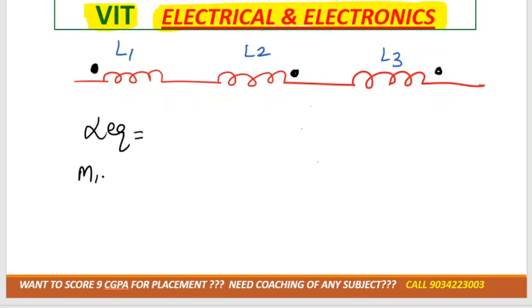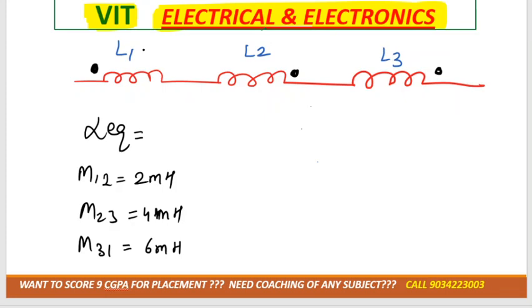So they have given M12 value 2 millihenry, M23 4 millihenry and M31 is 6 millihenry. Okay, L1 is 10 millihenry, L2 is 20 millihenry and L3 is 30 millihenry.